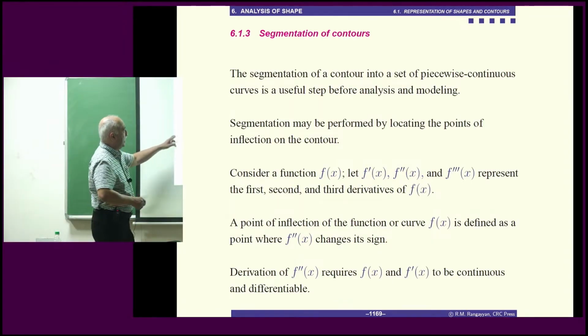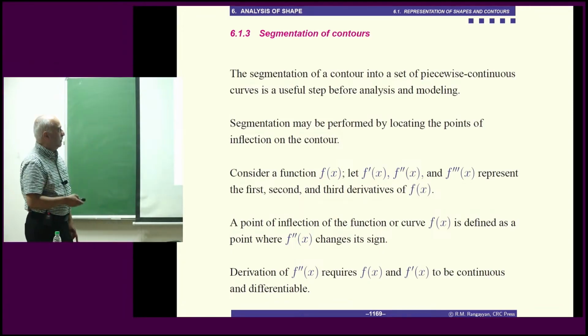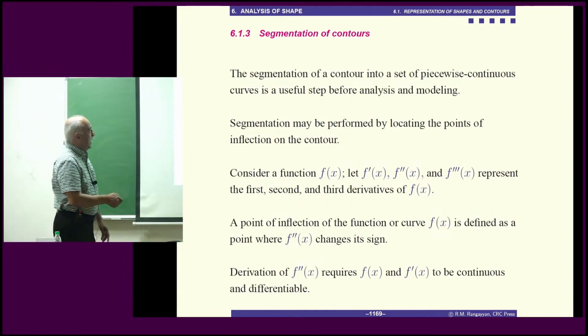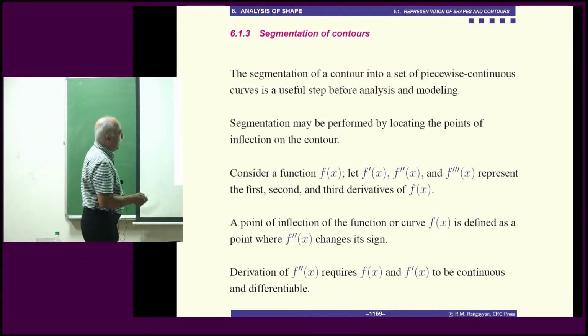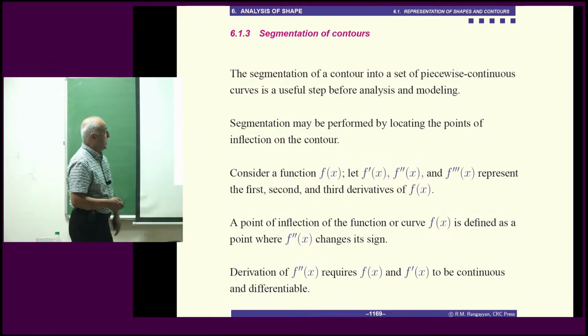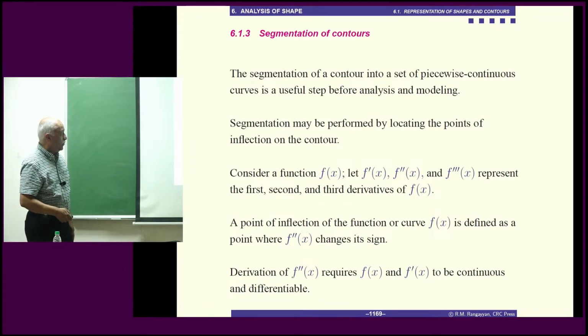Let the contour be represented as a function f of x, and let the primes indicate the order of the derivative: single prime, double prime, triple prime for the first, second and third derivatives. A point of inflection on this function or curve in 1D is defined as a point where the second derivative changes its sign.